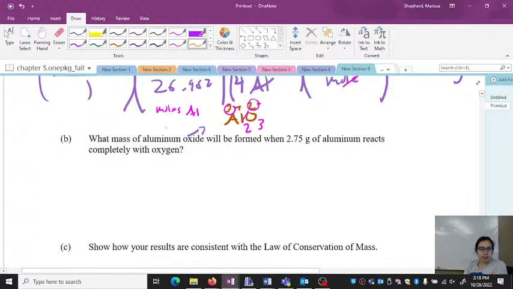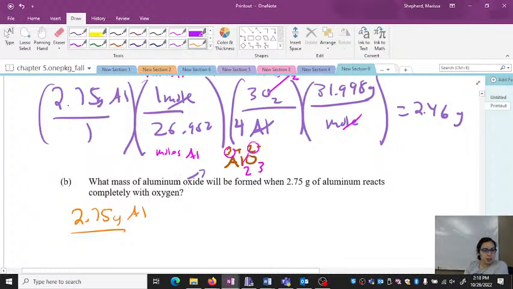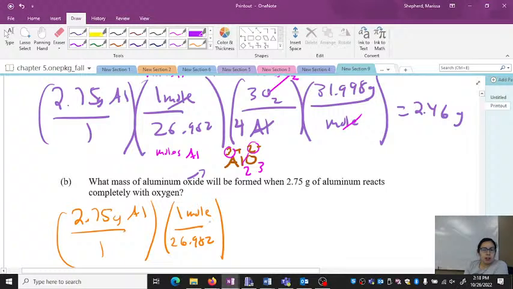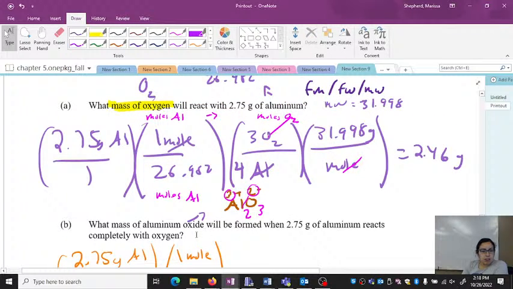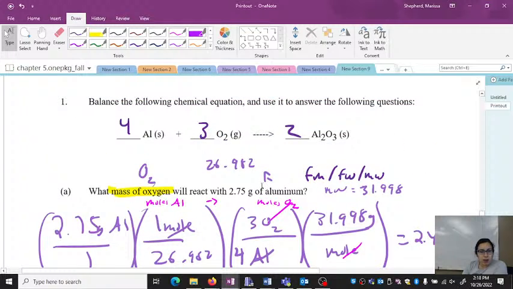So just for the sake of time, I'm going to go through this. 2.75 grams of aluminum. So we can start off with the same process we did up here, right? Same thing, just finding moles of aluminum. And so now we have to do our mole ratio of aluminum to aluminum oxide.